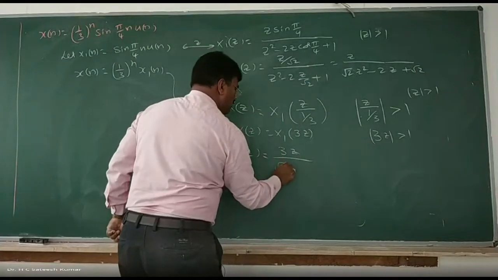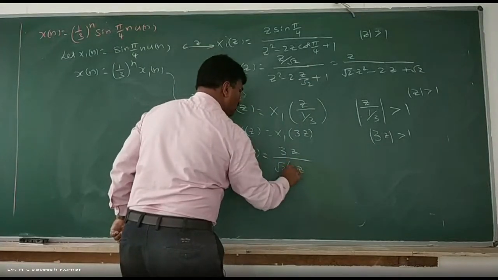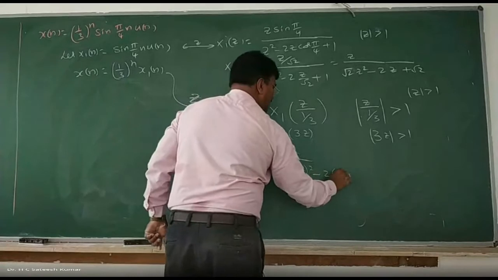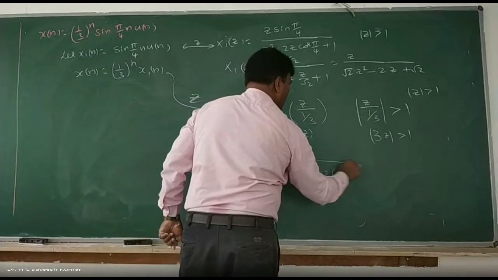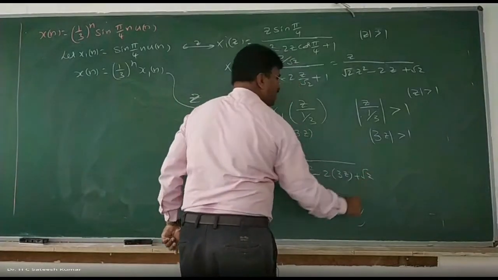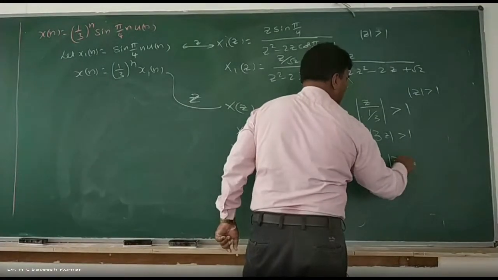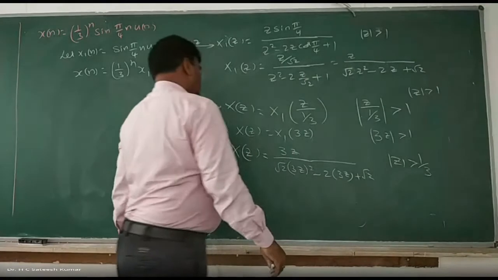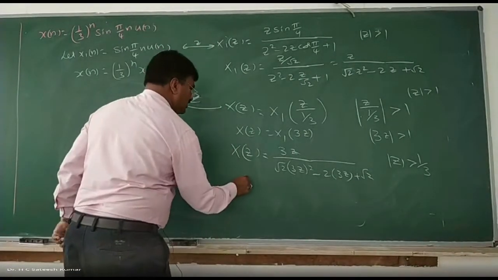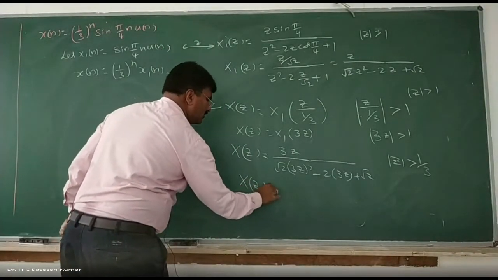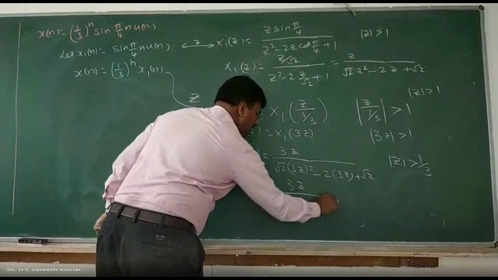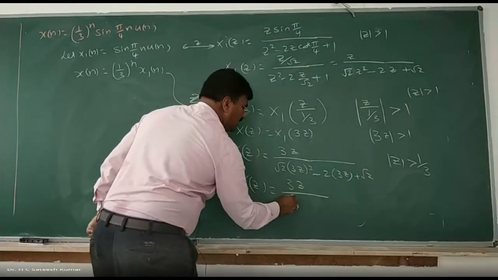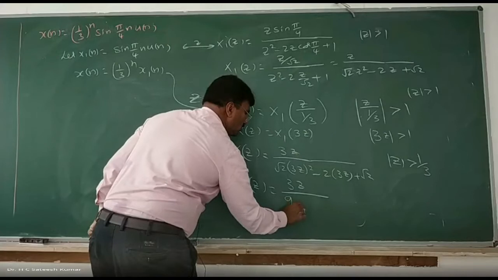So X(z) is 3z divided by root 2 into 3z whole square minus 2 into 3z plus root 2, with ROC mod z greater than 1 by 3 after taking the 3 to the denominator. This can be written as X(z) is equal to 3z divided by 9 root 2 z square minus 6z plus root 2.